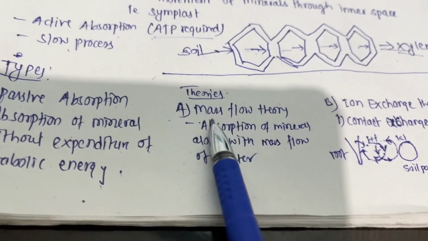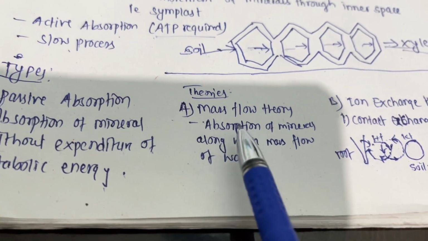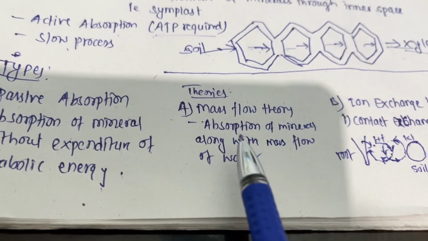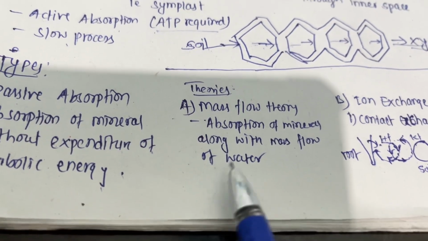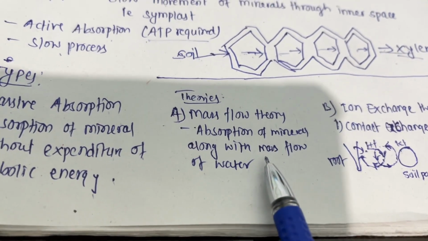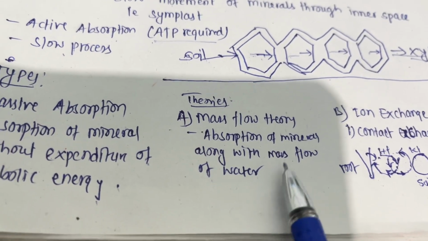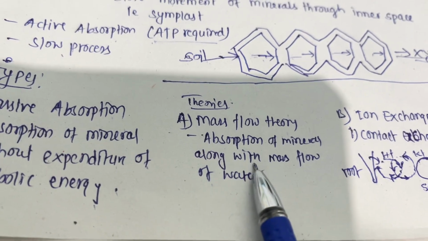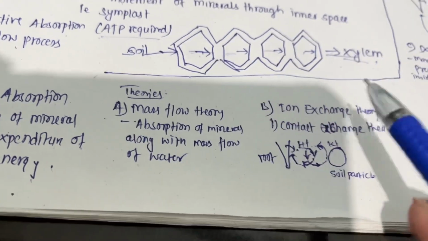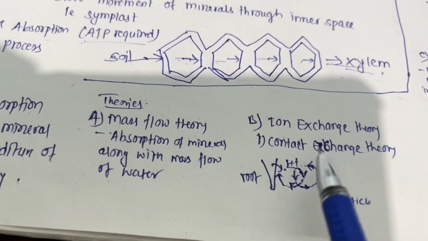The first one is the mass flow theory. Mass flow theory simply means absorption of minerals along with mass flow of water. When there is the mass flow of water, the nutrients are absorbed along with water by the plant from the soil.